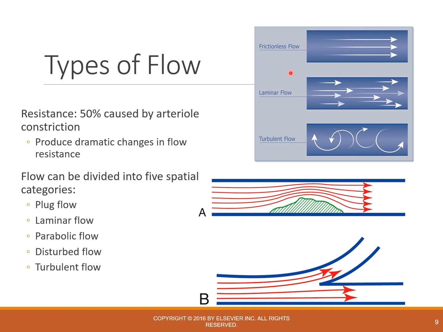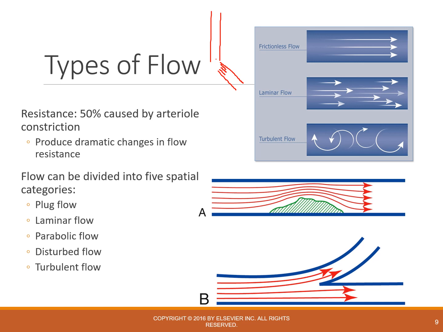So let's say as my blood flow comes from my aorta and bifurcates into my common iliac. As it does this, it's starting out in a new vessel, and it's all going to be moving in what we would say is a frictionless flow, laminar flow.